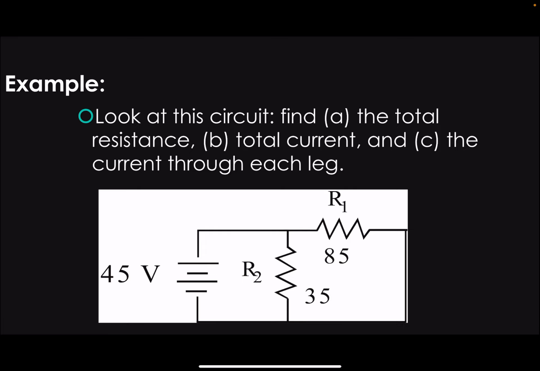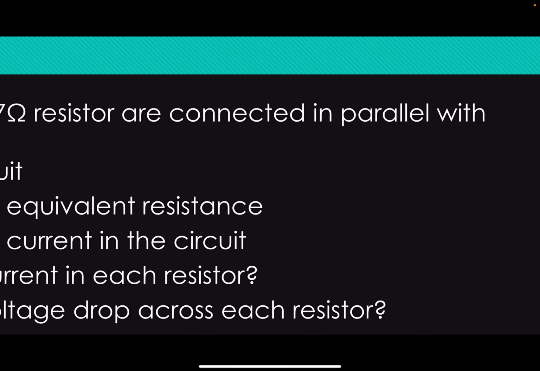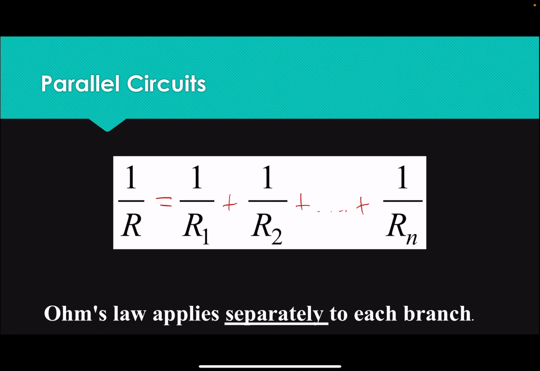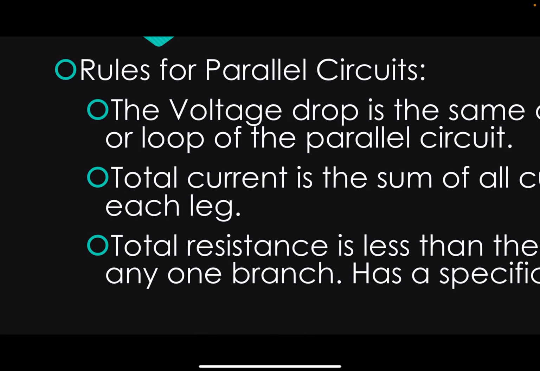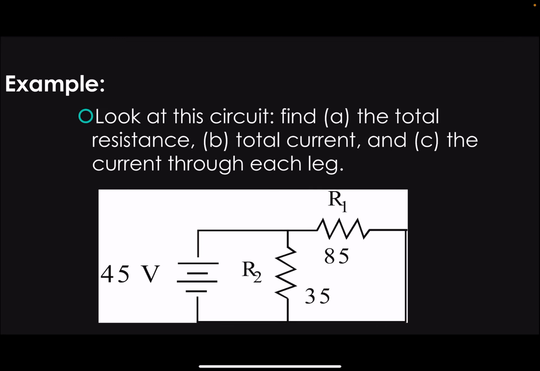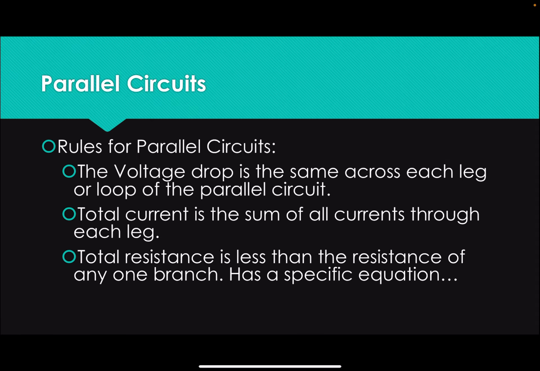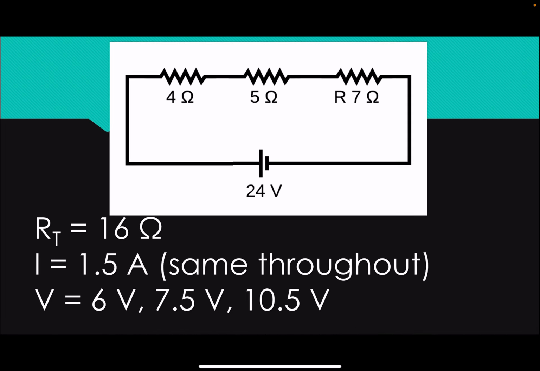And I'm going to go back to that slide to do it. So 45, 35, 85. Hold on, let me write that down. 45, 85, 35. Okay, I'm going to go back to that slide so I have room to work.